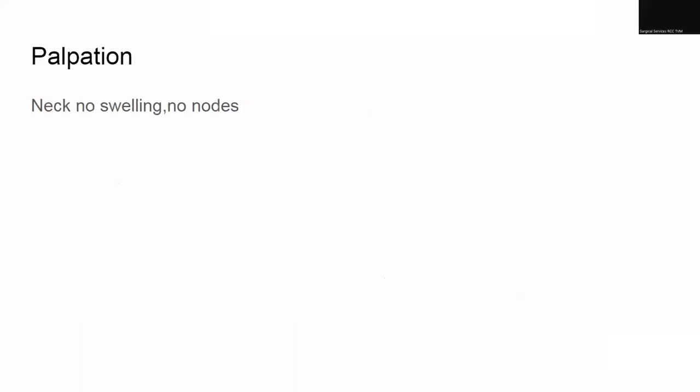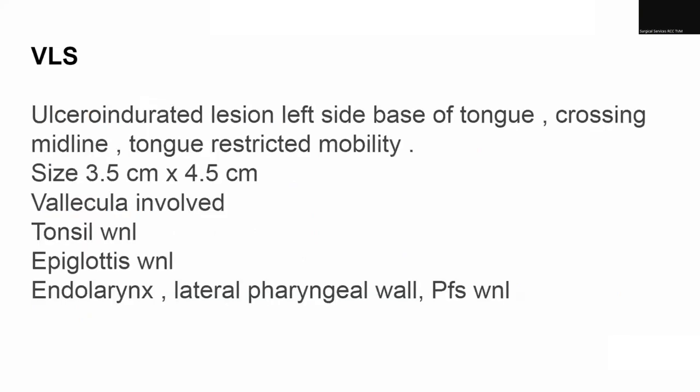Coming to palpation of the neck, there is no swelling, no nodes palpated. Cranial nerve examination was within normal limit. Systemic examination was within normal limit. Routine nasal endoscopy was done, which was within normal limit. We did an OPD-based video laryngoscopy.